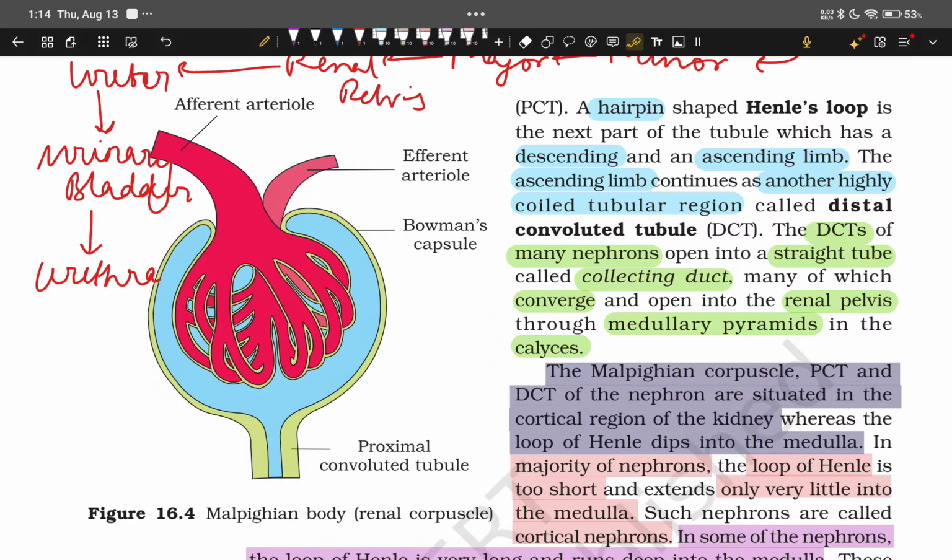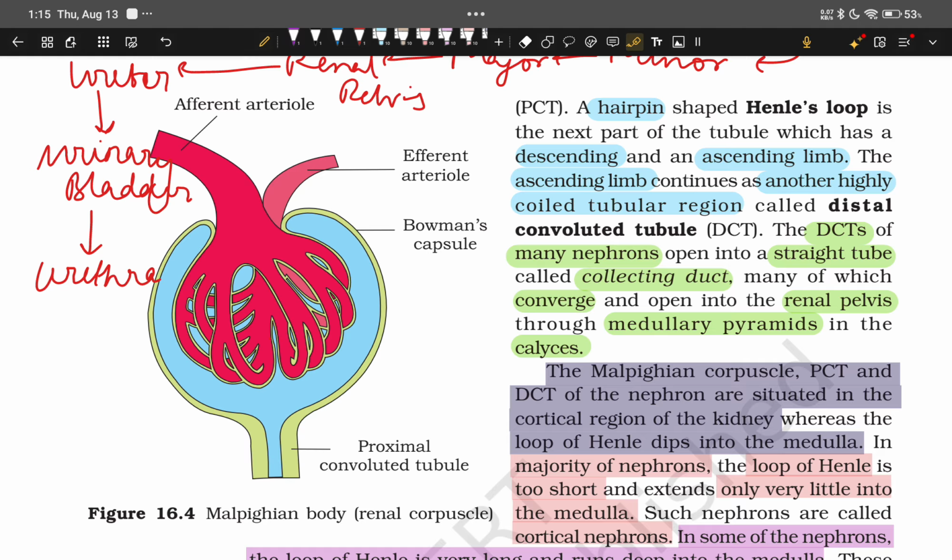Now there are three layers through which this blood is going to pass, and then it is going to enter into the lumen of Bowman capsule, and then it's going to get transported into all the different parts of the renal tubule, which is PCT, loop of Henle, DCT and all.